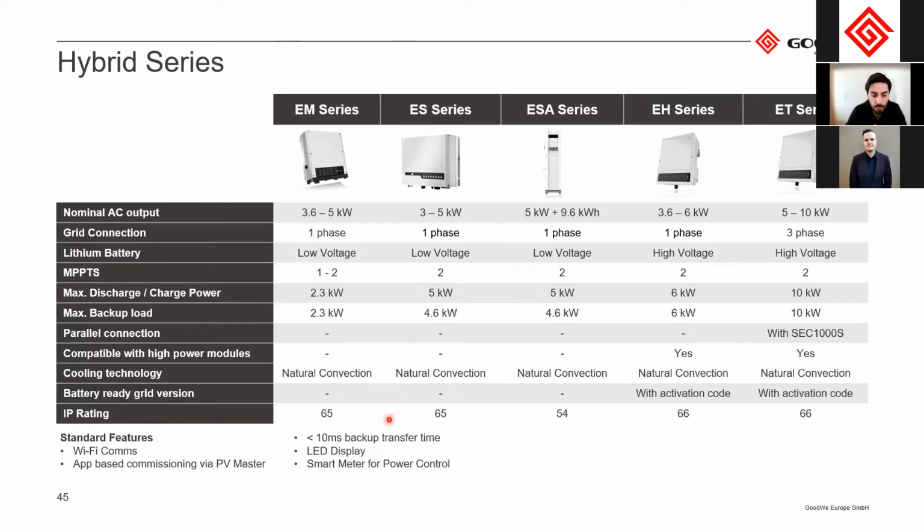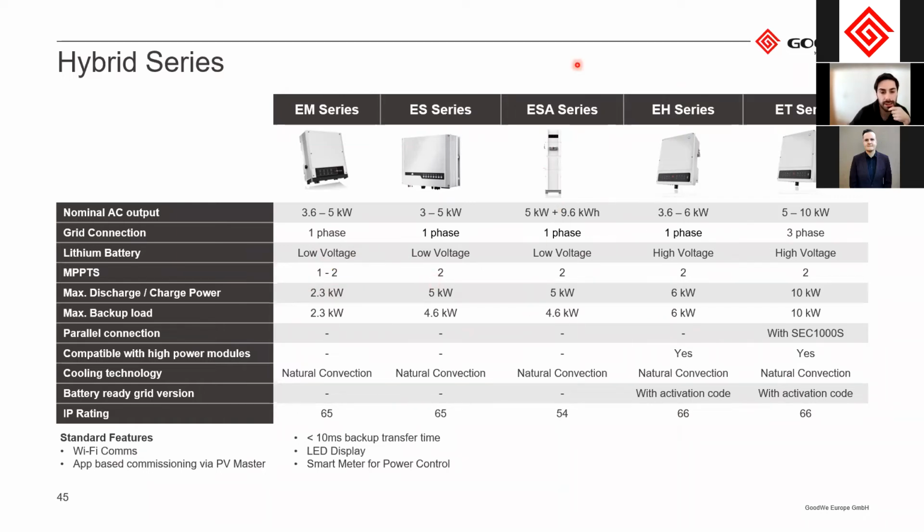But to make it a bit easier, we can divide it maybe in these two here. They're quite similar. They're both single-phase inverters from about 3 up to 5 kilowatt. They both have, or are compatible with, low voltage batteries, and mainly they have 2 MPPTs.